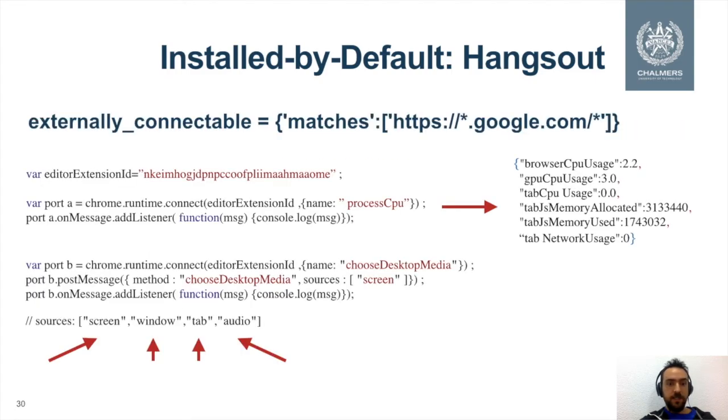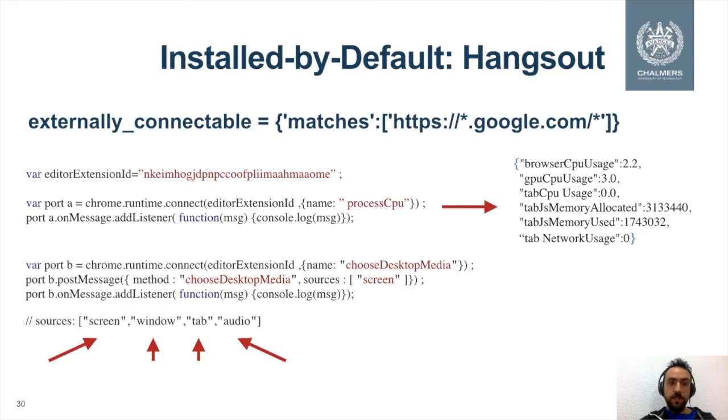Here we have an example of JavaScript source code similar to what Google might use to retrieve information about the user, like the GPU usage or the network performance, among many other parameters. This is done basically by using runtime.connect and using as a parameter a string called process CPU.